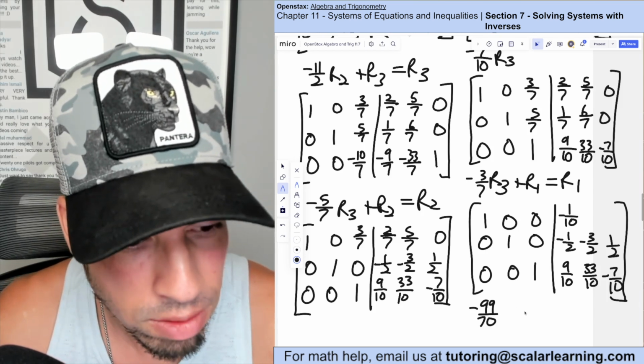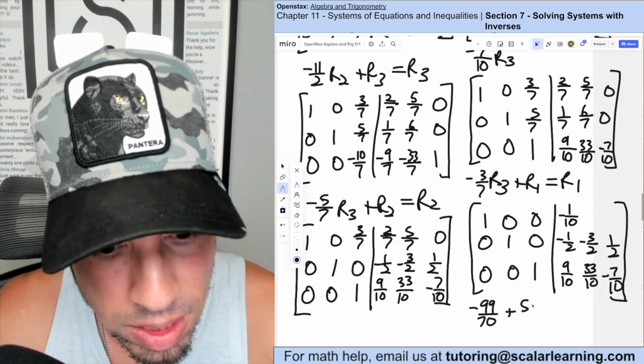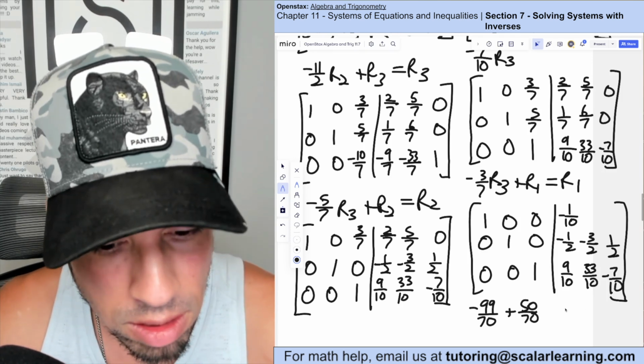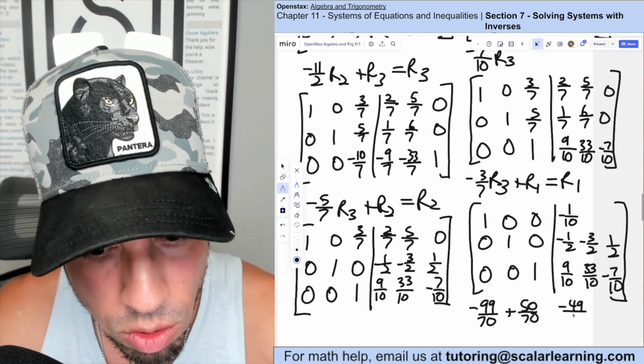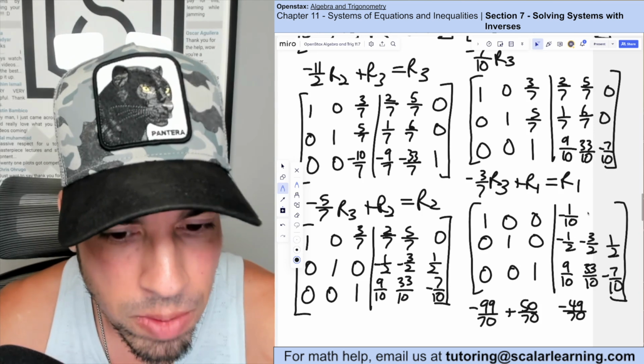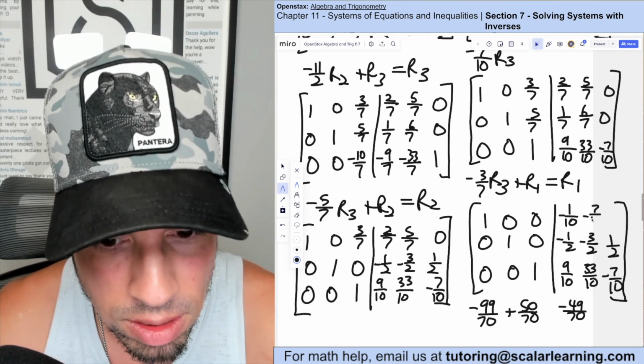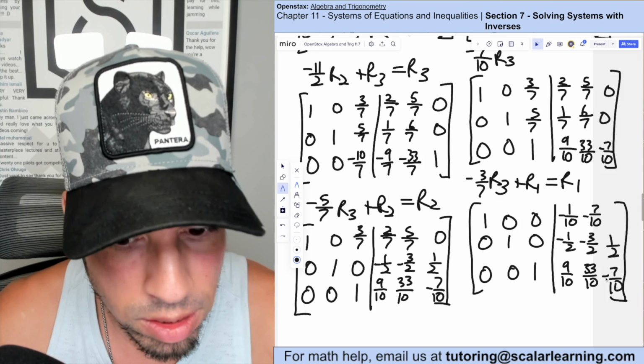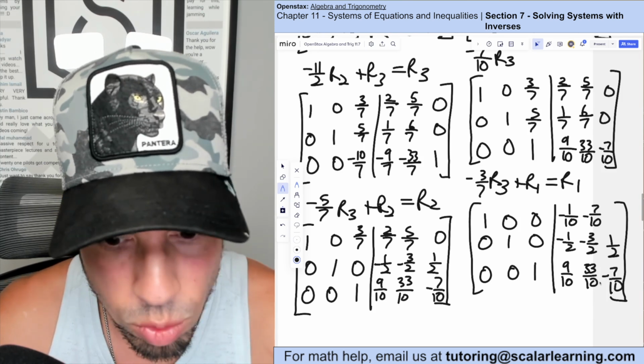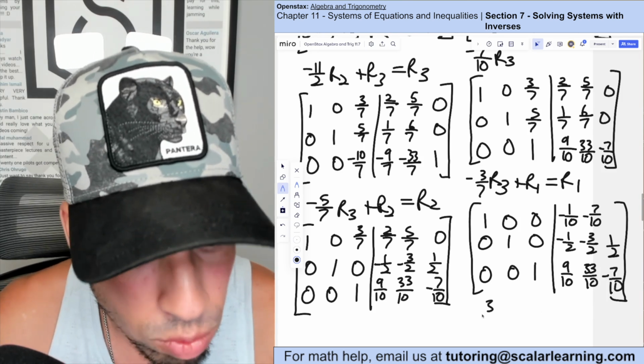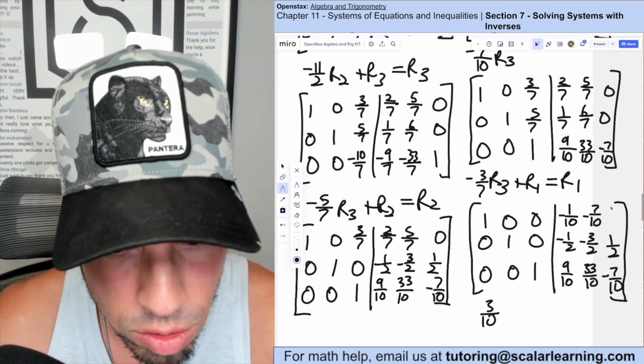And then that's added to 5/7, or 50/70ths. And that's going to be negative 49 over 70. Divide top and bottom by 7, and you get negative 7/10. And then last one, negative 3/7 times negative 7/10. The 7s will cancel out, and you get positive 3 over 10 plus 0 is 3/10.